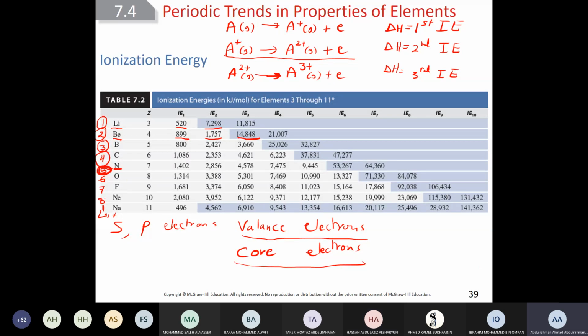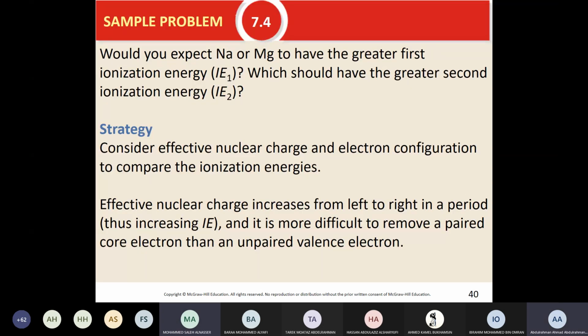So as you go from this one, the numbers increase, increase, increase, increase. But when you go 1, 2, 3, 4, 5, and then to the 6th one, what happened? Big jump. Why is that? Because the core electron is harder to take than a valence electron. Okay, very good.